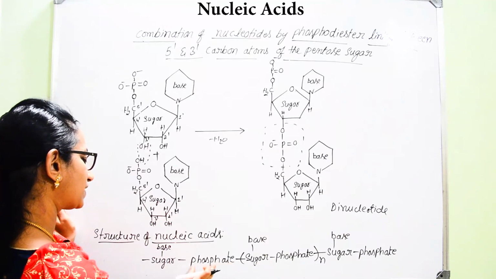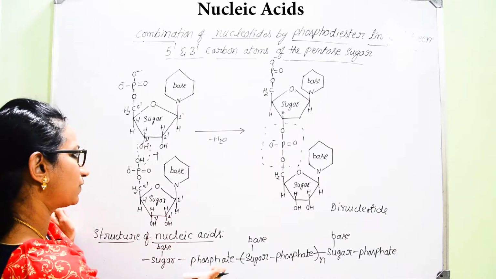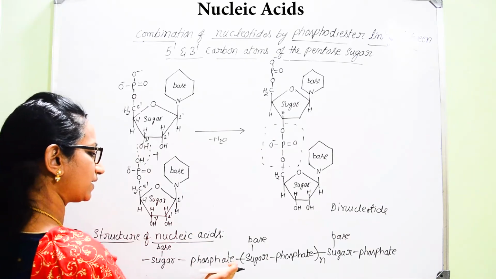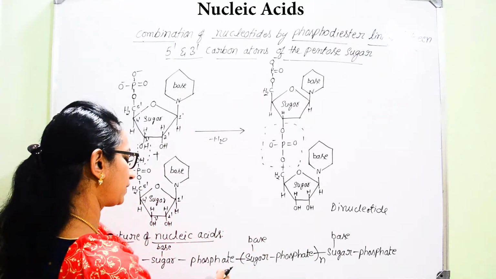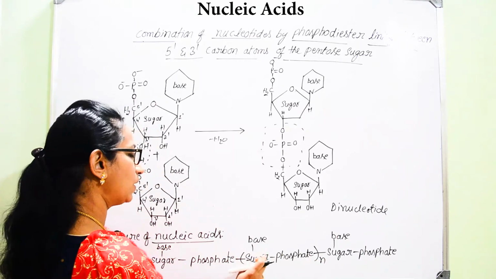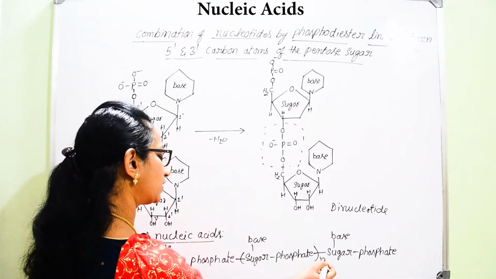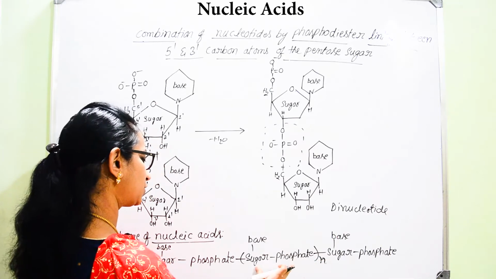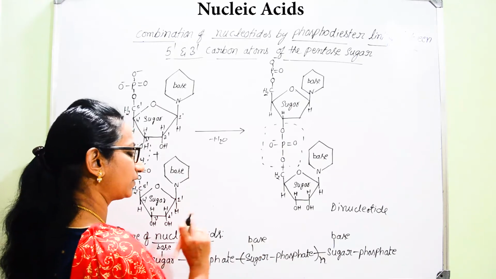There is a presence of a phosphoric acid group that results in the formation of phosphate, that is, the phosphodiester linkage. Like this you are going to get the sequence of arrangement of the nucleotides one after another through phosphodiester bonds. Hence, in between I have mentioned n number of such units, each containing sugar, phosphate along with the base.